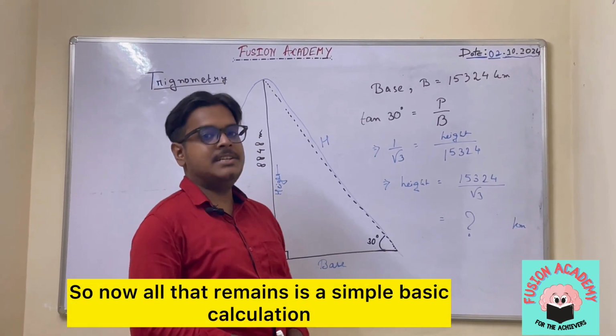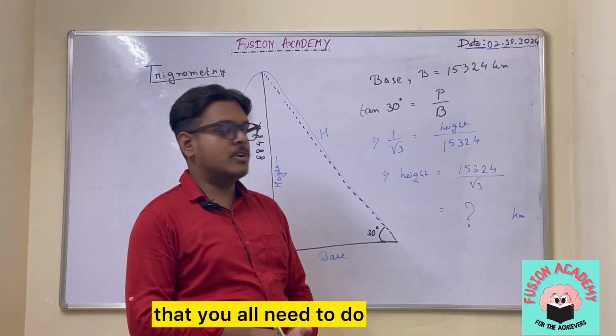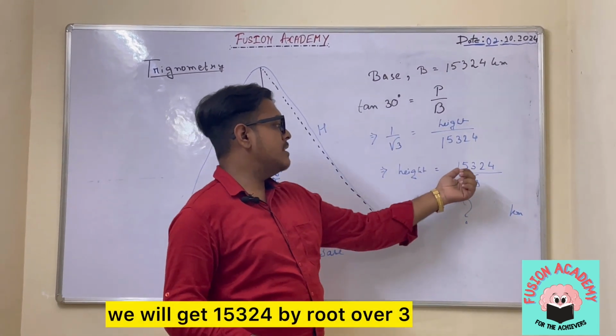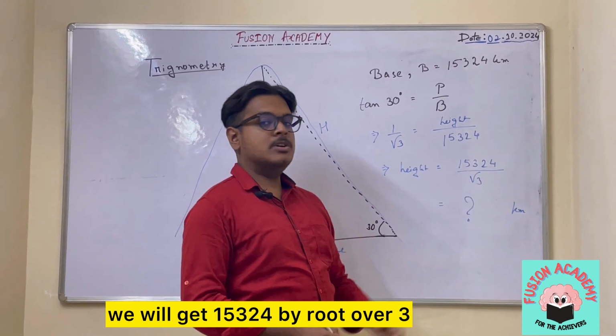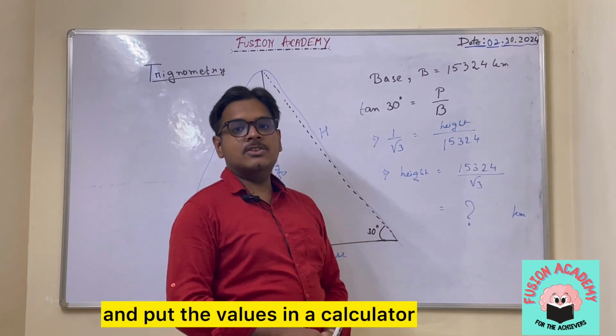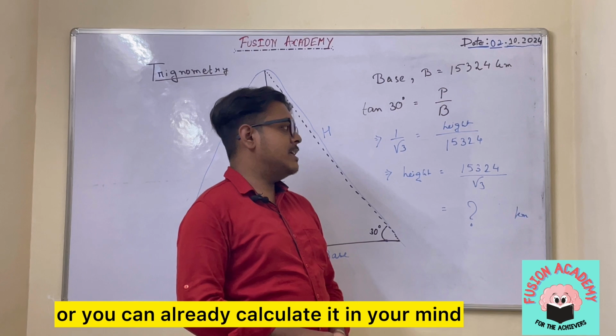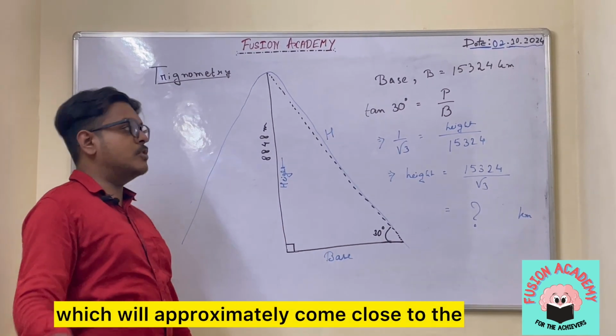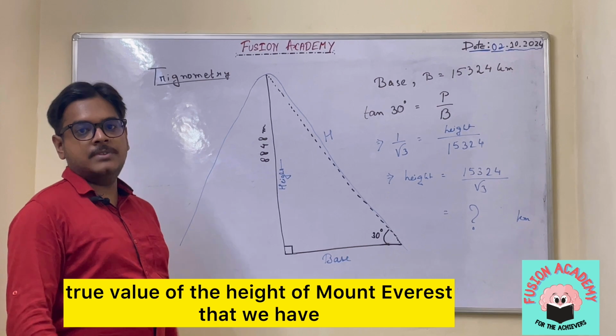So now all that remains is a simple basic calculation that you all need to do. You have to find out height by cross multiplying. We'll get 15324 by root 3, and put the values in a calculator, or you can calculate it in your mind, and then you will get the answer, which will approximately come close to the true value of the height of Mount Everest.